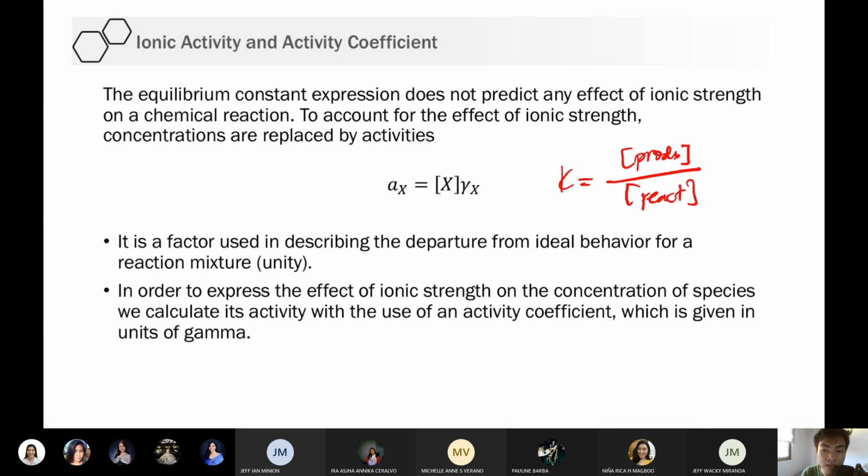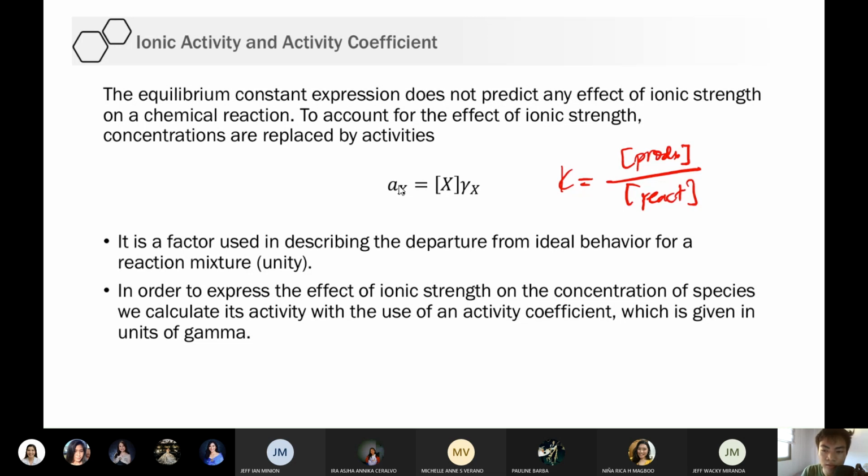So that means we are missing something. Our equilibrium constant is not the actual way to solve for equilibrium systems, because it disregards the effect of diverse ions. So that's why they came up with activity, letter A. So what is activity?